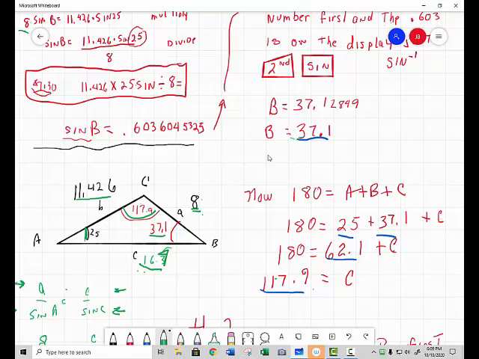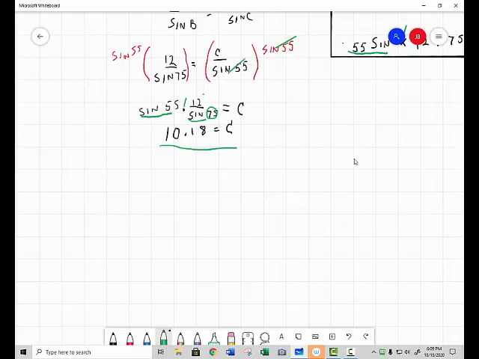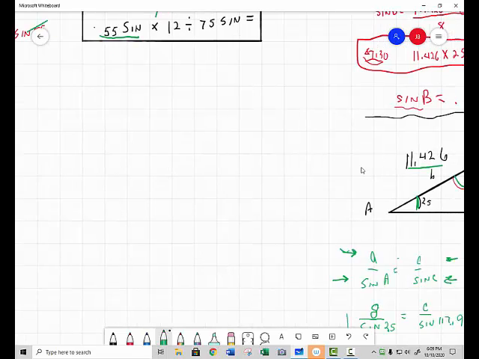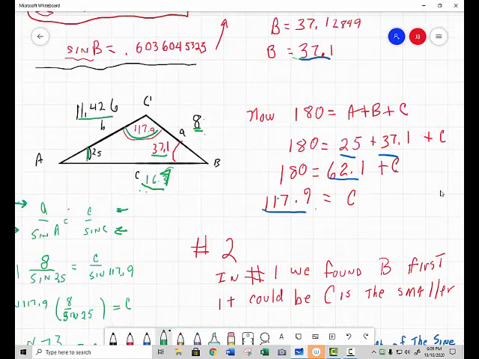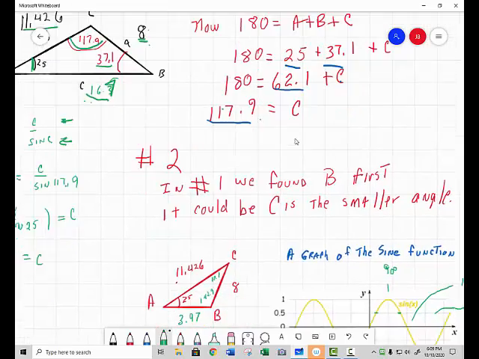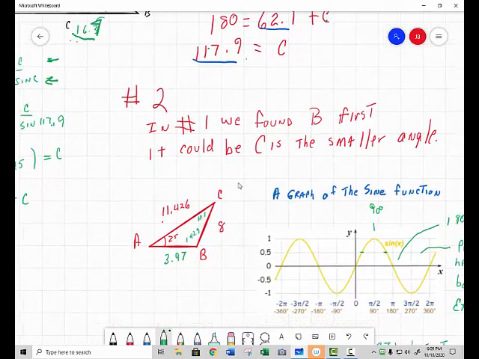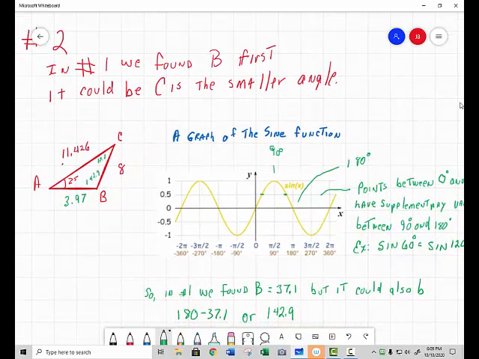So I've got all my triangle laid out. I want you to look at the graph of the sine function. Maybe you can understand why we have to do this. The sine function fluctuates like this. At 0 degrees, the sine is 0. At 90 degrees, the sine is 1.